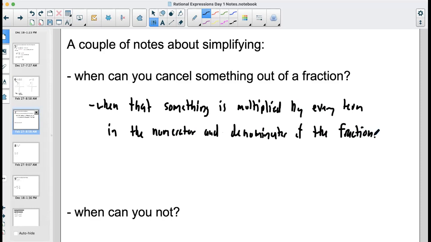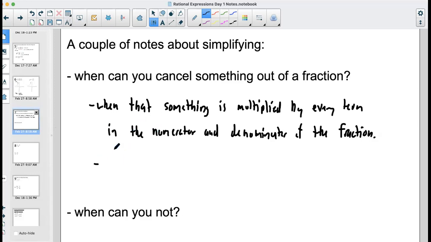That's always been a rule, no matter what grade level you're in, though it's very common for students to cancel things out that don't fit this criteria because it's easier and it looks like something you can do, even though you can't. You've never seen a math teacher do it in your life, but it's a very common mistake. So I want to address it now.